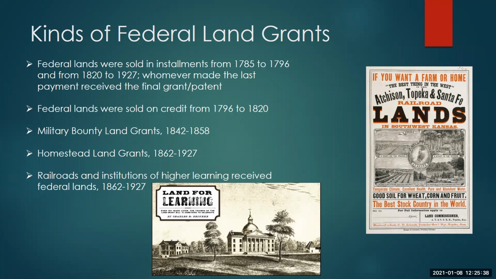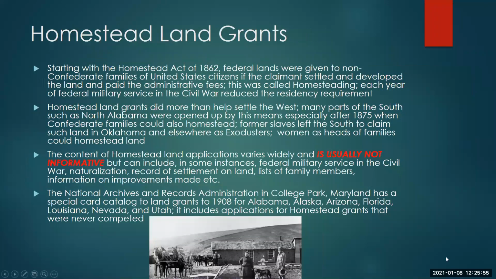So Auburn University took the federal lands instead. And like I said, that was the first conflict between the two. Auburn is Alabama's federal land state, not the University of Alabama. All right, now let's talk about homestead land grants.